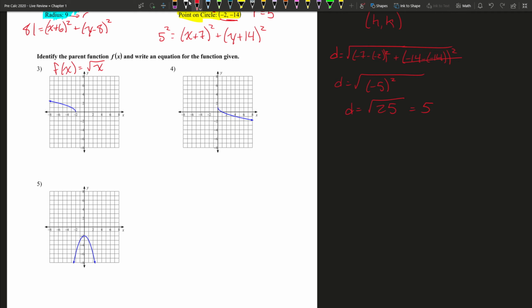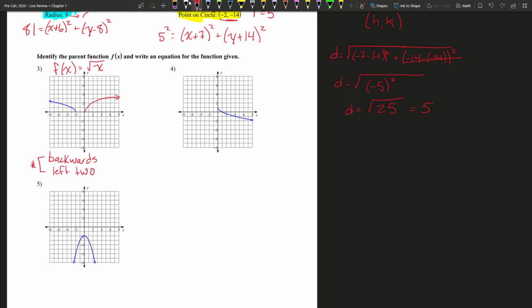This function is backwards, right? It's going the opposite direction because our original looks like this. And it is shifted left 2 units.